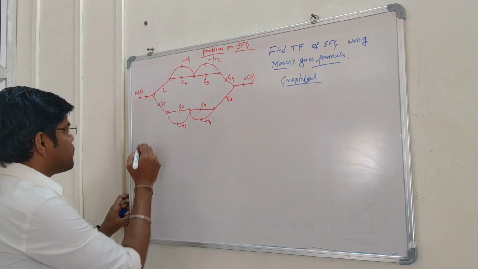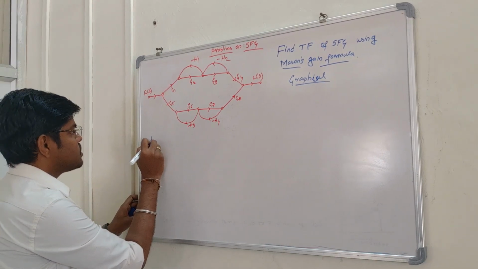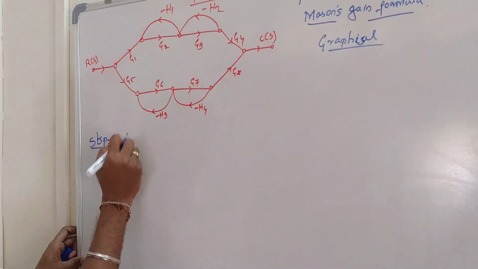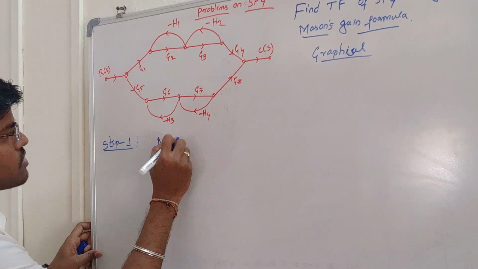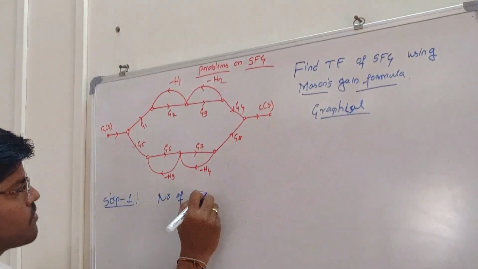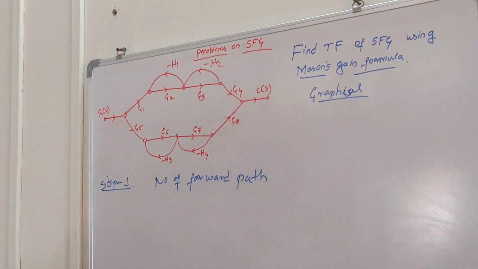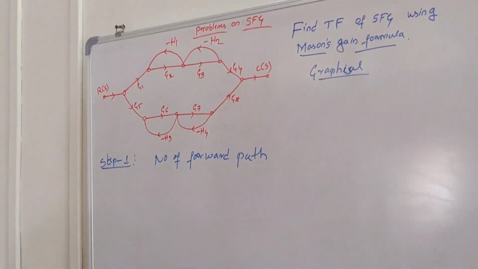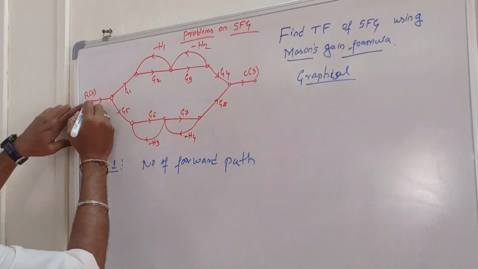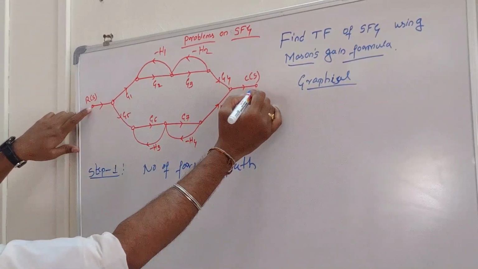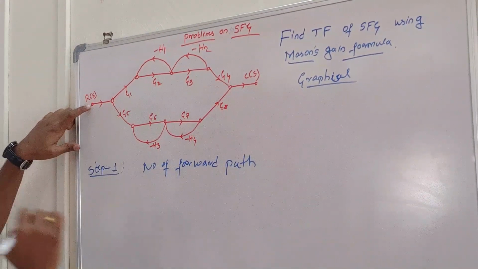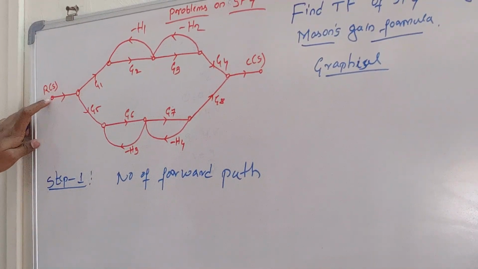The first step in finding the transfer function is to identify the number of forward paths. Looking at the signal flow graph, how many ways are there from the input node R(s) to the output node C(s) without traversing any node more than once?